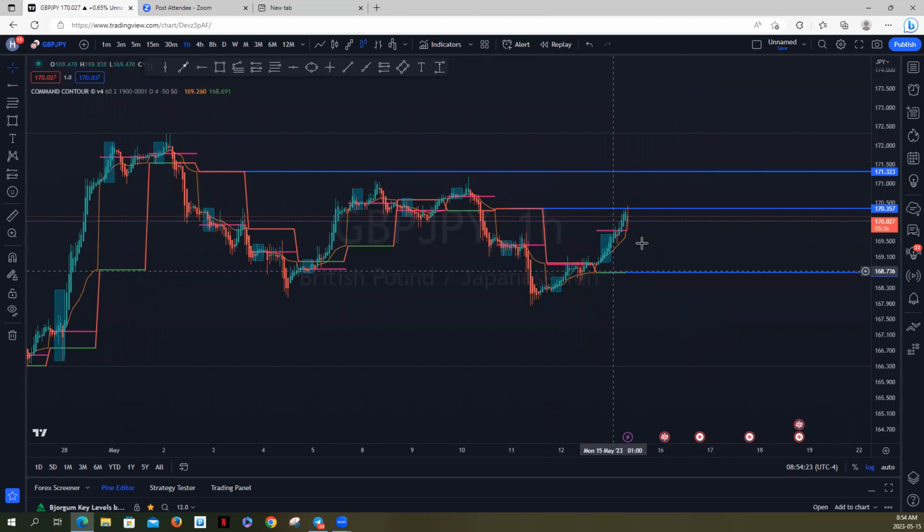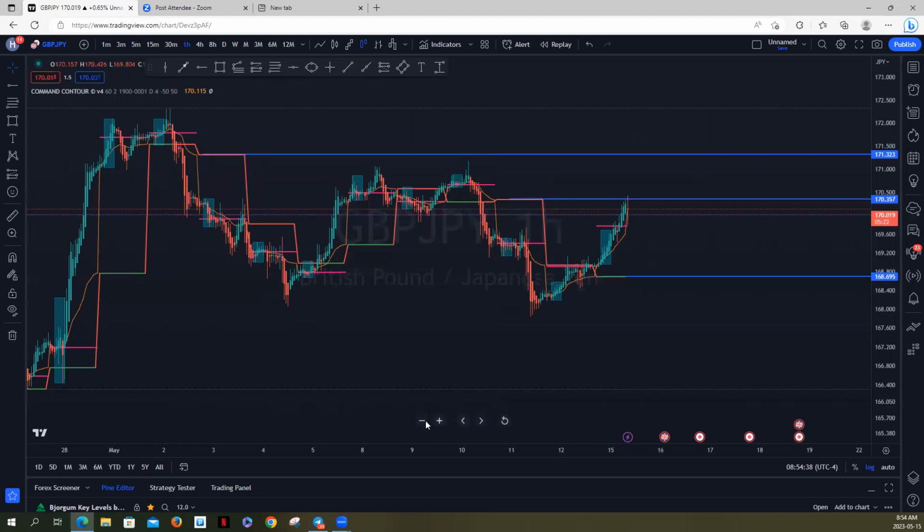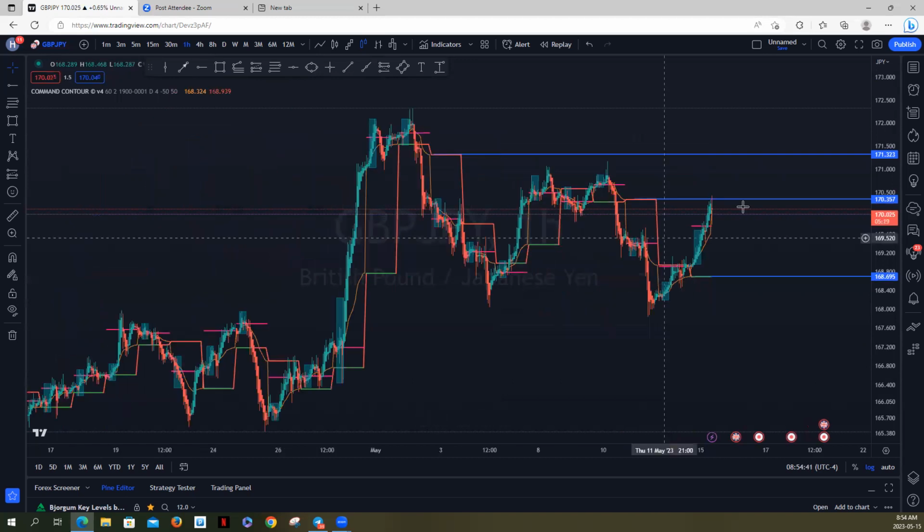I would definitely wait for a pullback in the area, to somewhere here, about 50% at least in a ZAP zone that size. And then we continue for the buy. So I'll definitely wait on this one before I do anything.